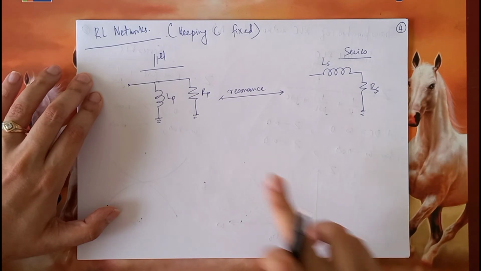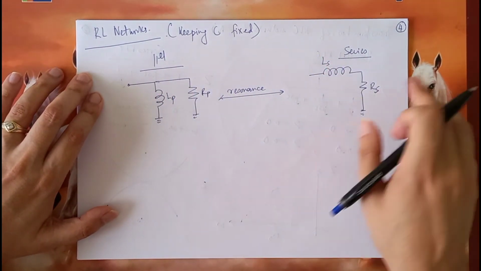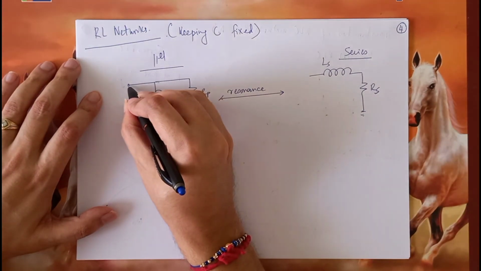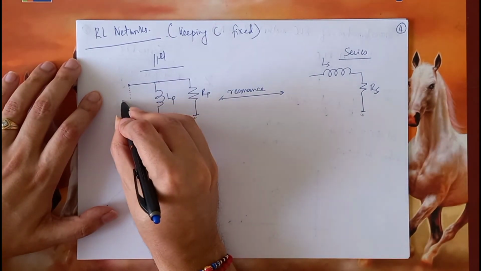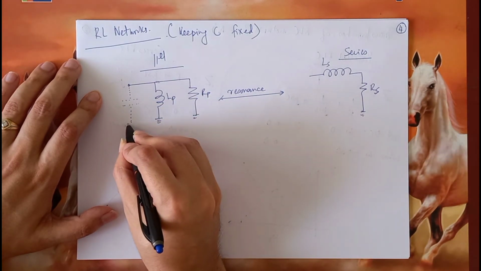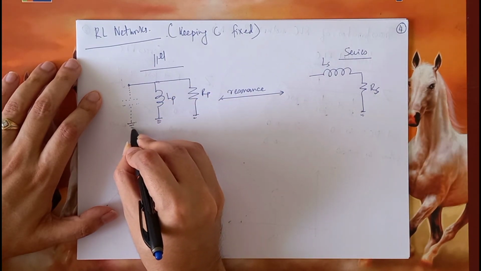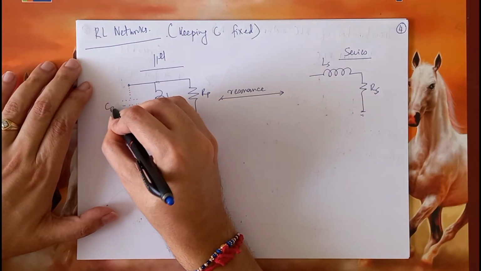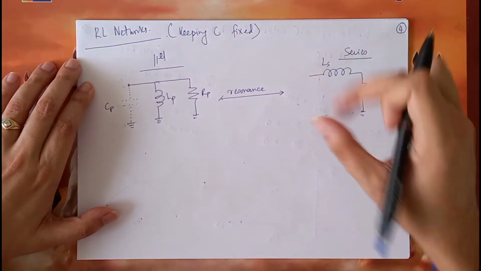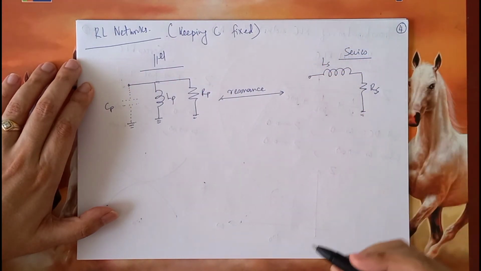And for resonance, merely having R and L is not enough. We need a C also. So therefore, let us assume that we have a capacitor which is implicit. Let's call this some dummy capacitor, CP. And when this network gets transformed, the terminals of the capacitor do not change.